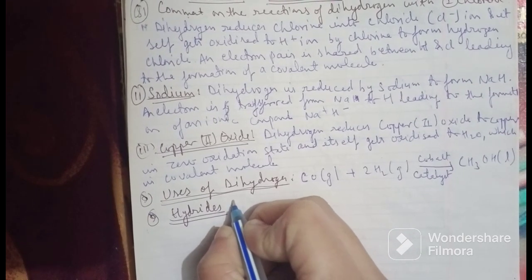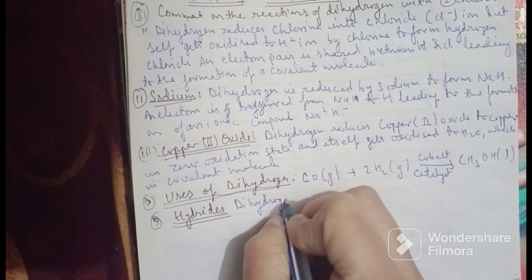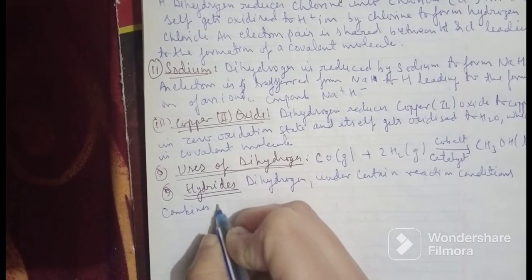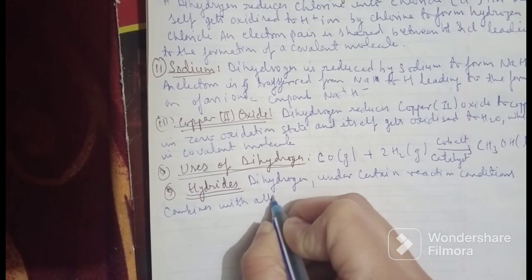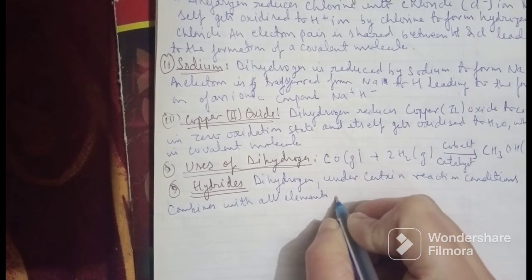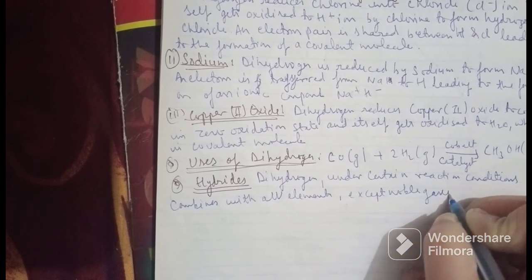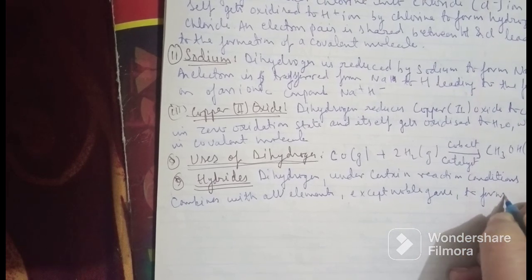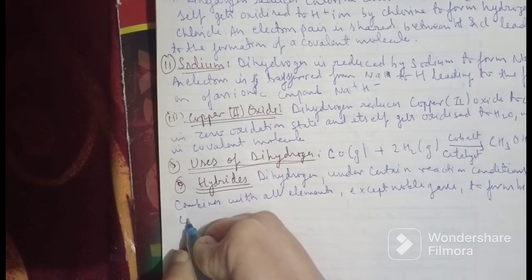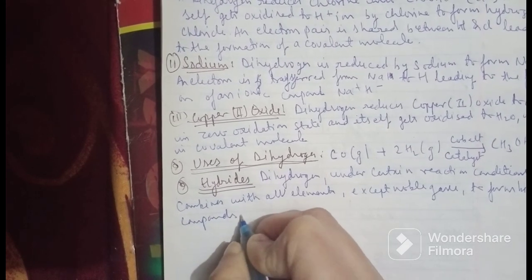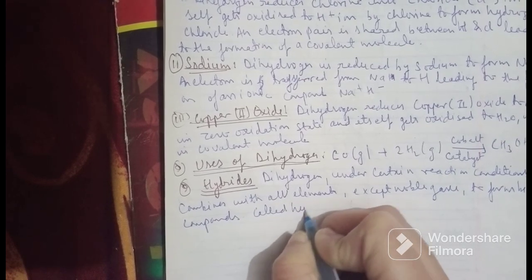So the hydrides are dihydrogen under certain reaction conditions that combines with all elements except noble gases to form binary compounds called hydrides.